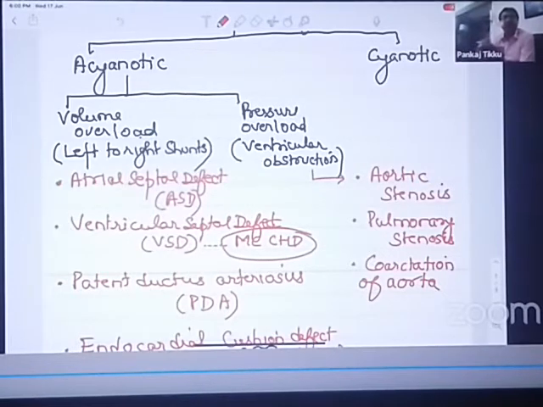You may write this down, then I will come to cyanotic heart diseases. I hope you have written this.